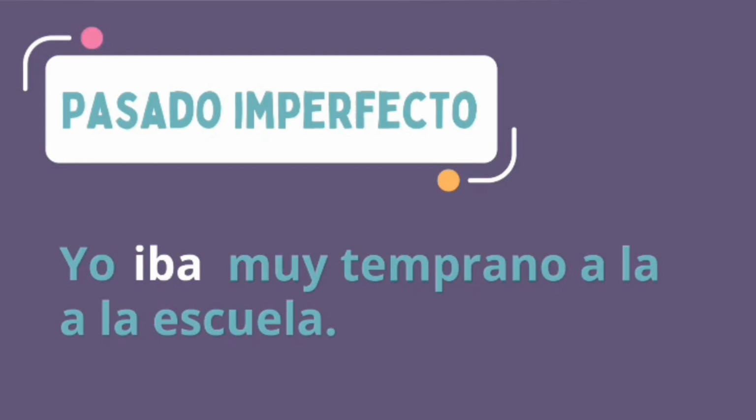Yo iba muy temprano a la escuela. It's implied, when I was little, I went very early to school. When you are implying something that happened many years ago, then you gotta use the imperfect past in Spanish. Yo iba muy temprano a la escuela. I went very early to school, okay?